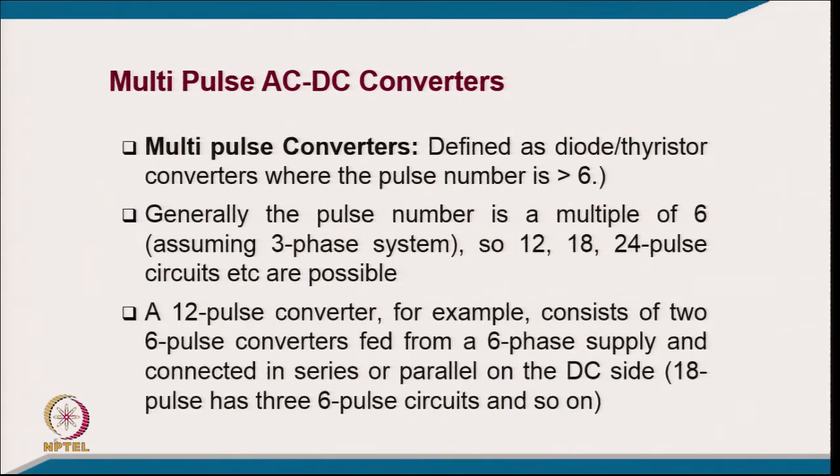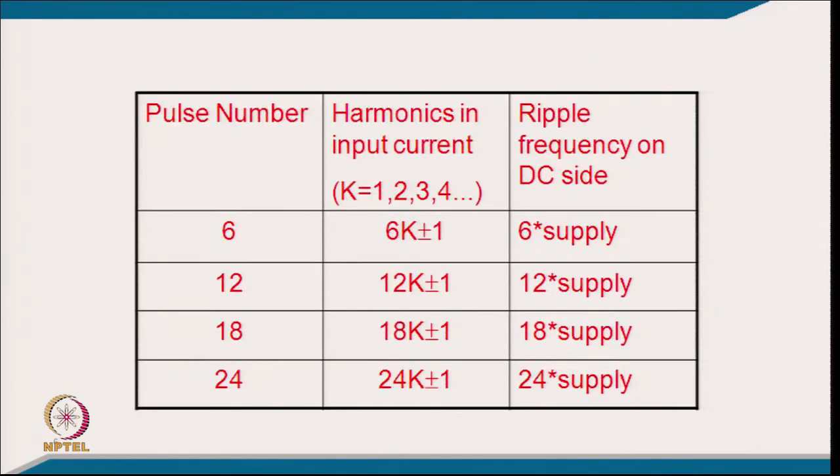A 12 pulse converter, for example, consists of two 6 pulse converters fed from a 6 phase supply and connected in series or parallel on the DC side, like 18 pulse has three 6 pulse circuits and so on. Well, this is typically the kind of table where we have the number of pulses in the converter, like 6, 12, 18, 24, in normally used converters.